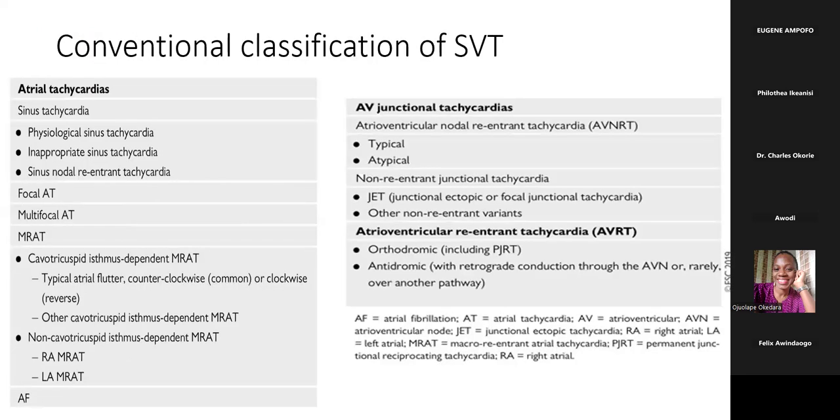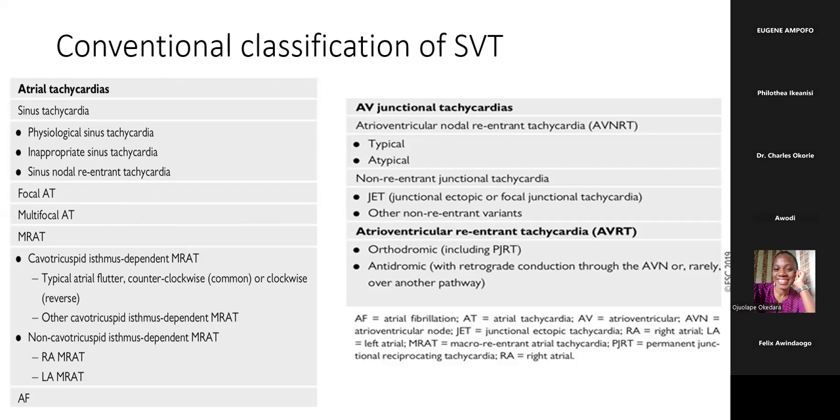So we have the conventional classification of the supraventricular tachycardias, which is divided into the atrial tachycardias, like the sinus tachycardia. Under the sinus tachycardia, we have the physiological sinus tachycardia, the inappropriate sinus tachycardia, and sinus node reentrant tachycardia. We have the focal atrial tachycardia and multifocal atrial tachycardia.